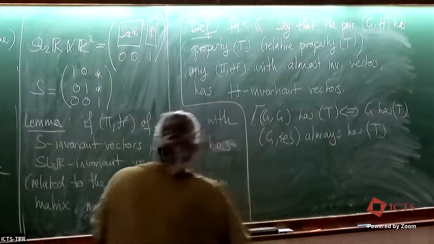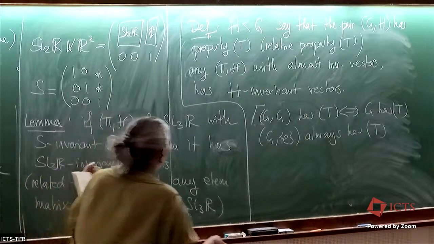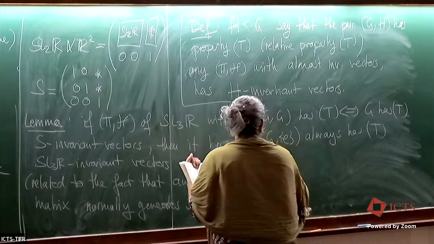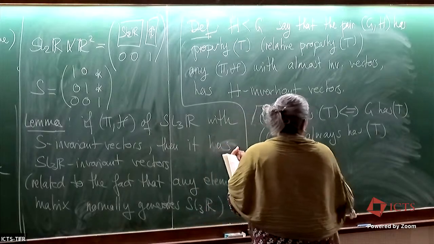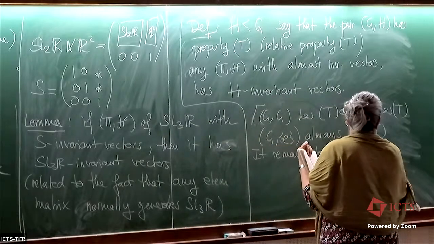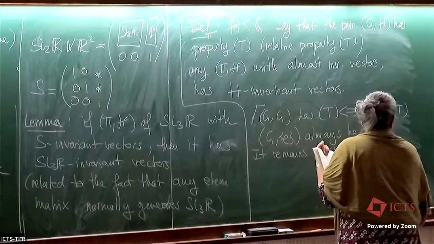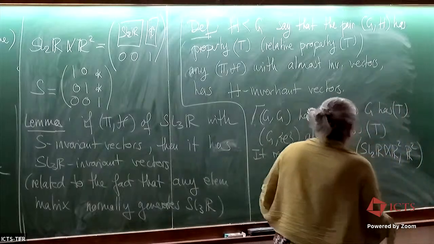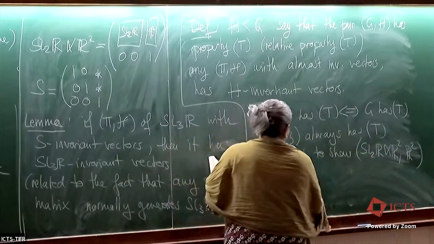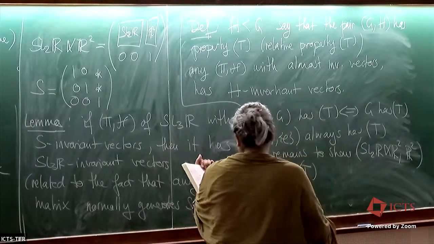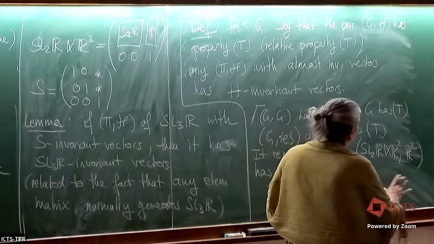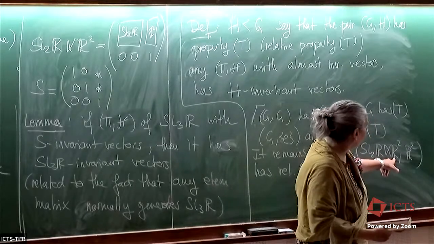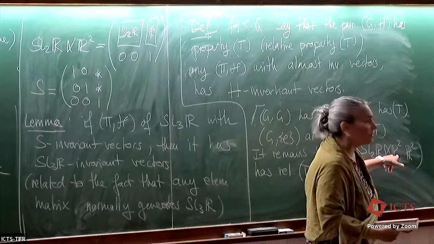And then, to conclude property T for SL3R, it remains to show that SL2R semi-direct product with R2, relative to R2, has relative property T. And to do that, you make SL2R act on its unitary dual.